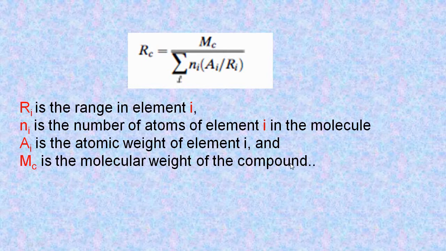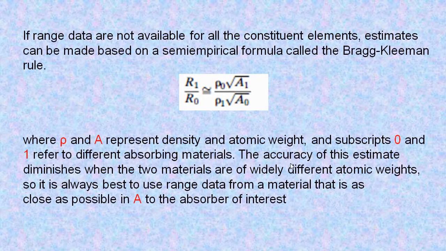And this I is the element. And another semi-empirical formula, you know that term semi-empirical, which has no exact derivation, or you can't derive it in some ways, but it is based on some experiments. You are actually formulating it, and there is no actual derivation for that.